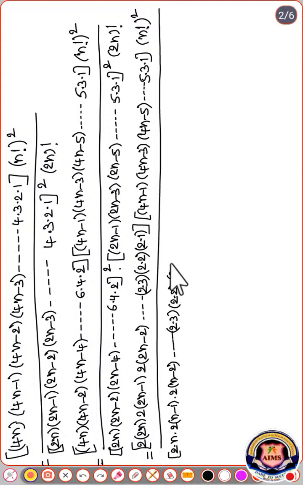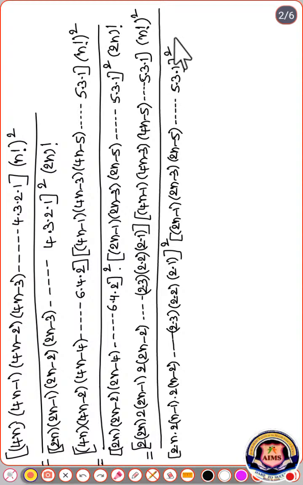Next 2 ones are 2, totally whole square. And remaining odd numbers, my dears, you will write as it is. Copy, paste 2n minus 1, 2n minus 3, 2n minus 5, and so on, 5, 3, 1 total whole square into 2n whole factorial.